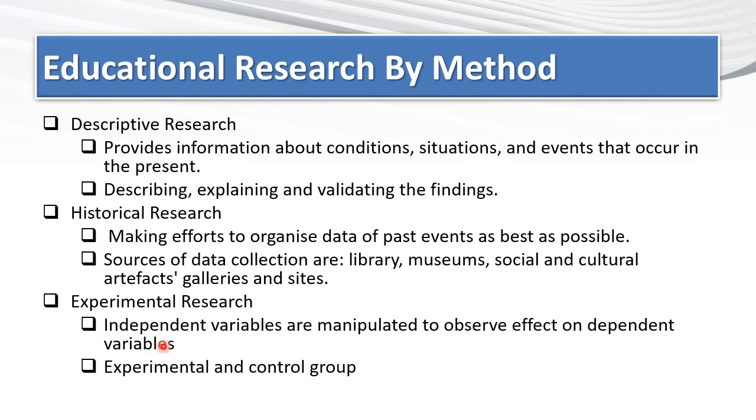It means that for experimental research, you must have the independent variable as well as the dependent variable. This independent variable will be manipulated so that we can observe the effects on this dependent variable. And usually in experimental research, you must have the experimental group and the control group.